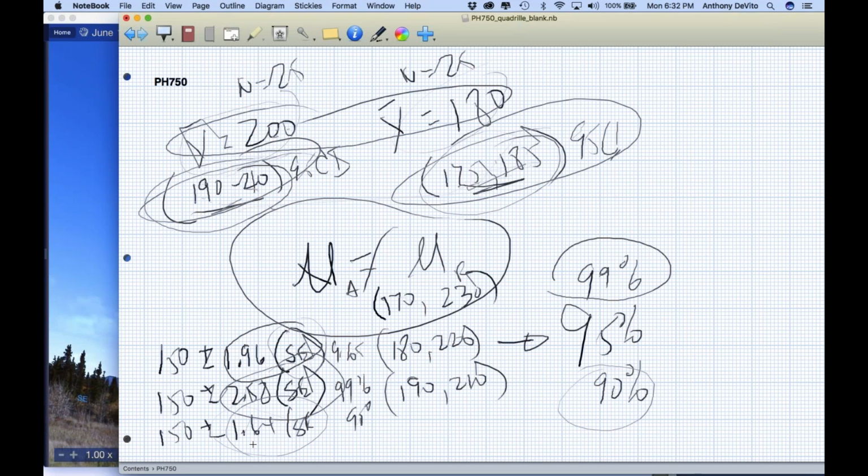The spread is narrower for the sample distribution. And the relationship of the two spreads, the two standard deviations: for the population, you have sigma, and for the distribution of all the means, the new standard deviation is called the standard error, and it's calculated by taking the population standard deviation and dividing it by the square root of the sample size. That gives you a window onto how much narrower it is than the population.